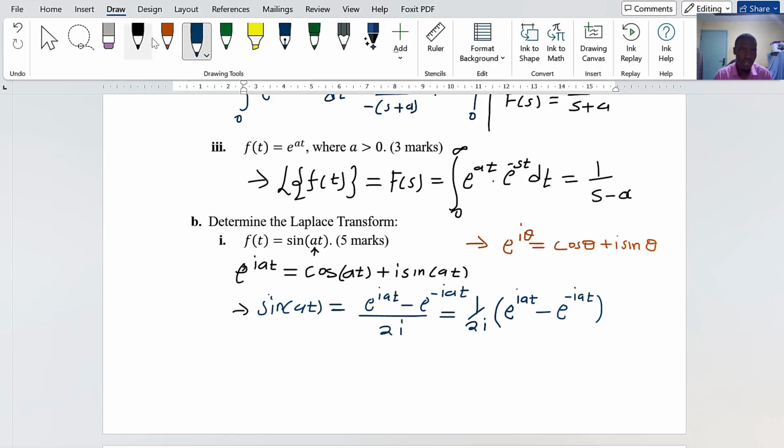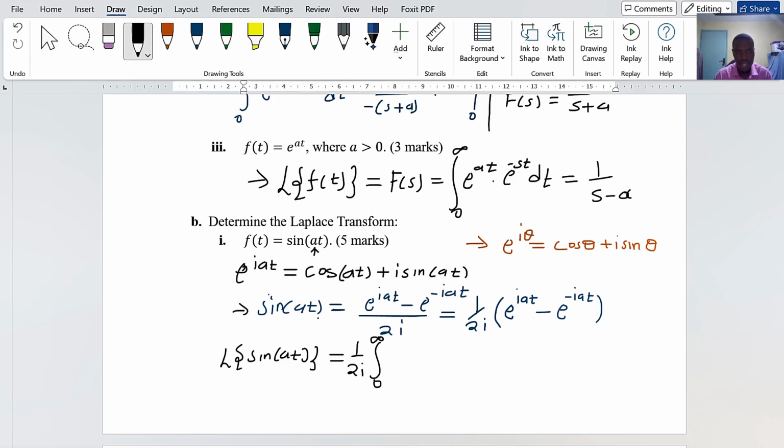Now we are going to find the Laplace transform of sin at, and we can express it as an integral. Of course, 1 over 2i is constant, so let it come out. So we can express it as 1 over 2i integral from 0 to infinity.